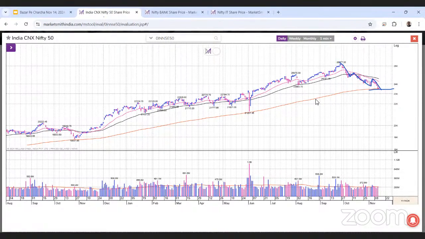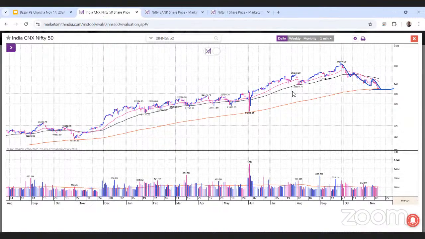What next? From the current level, below 23,500, there are multiple short-term supports placed. One support is in the range of 23,300, then 23,000, 22,800.